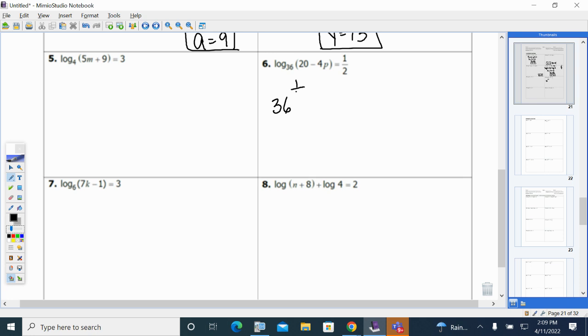The answer to the log is my exponent, and that is equal to the 20 minus 4p. 36 to the 1/2 power is the same thing as the square root of 36, which is 6. I'm going to subtract the 20. 6 minus 20 is negative 14.